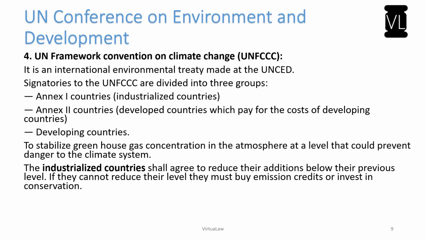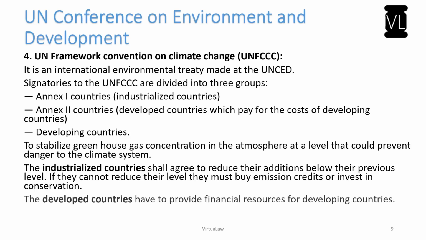So all the Annexure 1 countries must make sure that they will not have excess emissions, and if they are unable to reduce it, they have to buy such emission credits, which is nothing but carbon offsetting, right? If they are not able to control their emissions, then they have to buy it from someone, but they cannot exceed their limits. That is the restriction on industrialized countries.